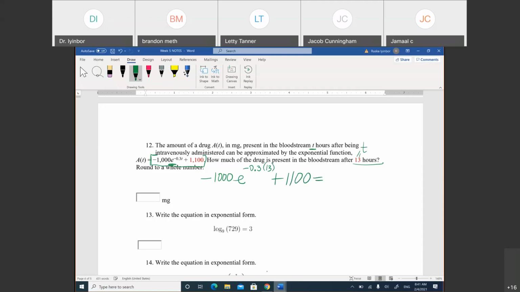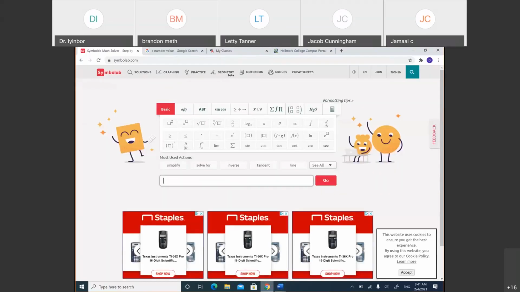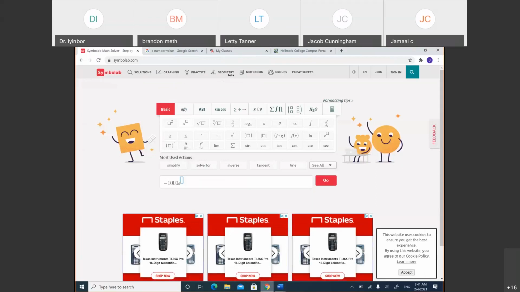So that's what I have to put in my calculator, right? Let's go ahead and do that. Negative 1000, e, just press e on the keyboard, and then exponent negative 0.3 times 13, and then plus 1100. Is that correct? Let's double check.